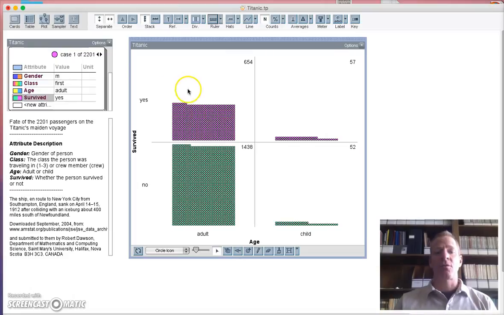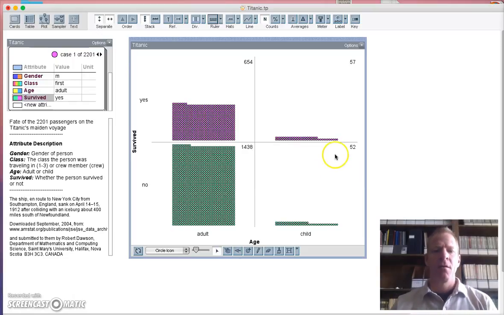An interesting question right now is, how many total passengers did survive? And you can see that that would be the 654 survived and the 57 survived. So together that makes 711 who did survive. And of course, if we add those two together, we get 1,490, which is 1,438 plus 52, to find how many didn't survive.